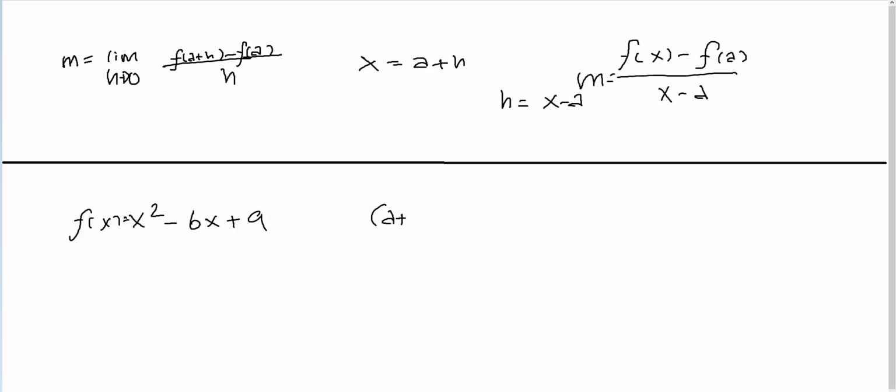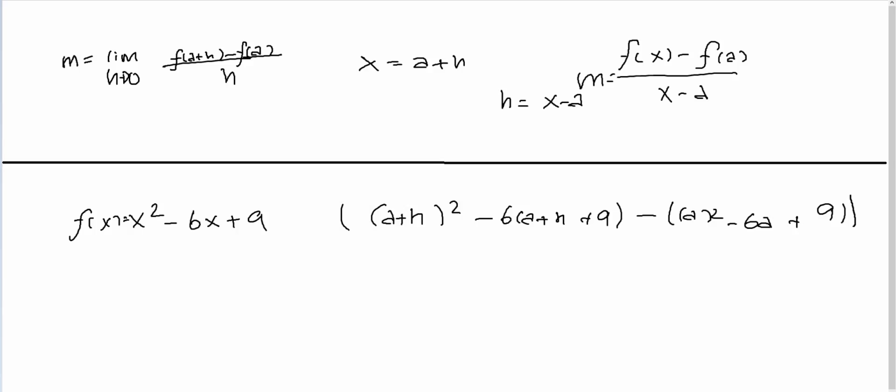(a plus h) squared minus 6 times (a plus h) plus 9, in parentheses, minus (a squared minus 6a plus 9), in parentheses.